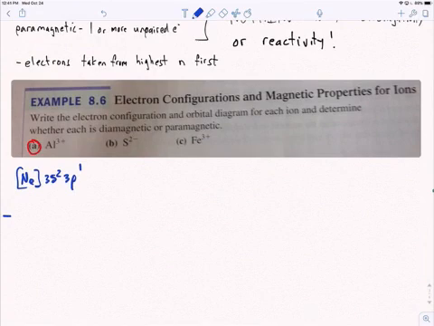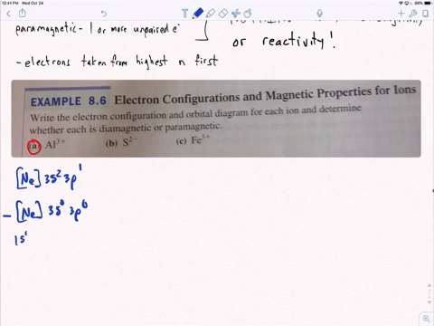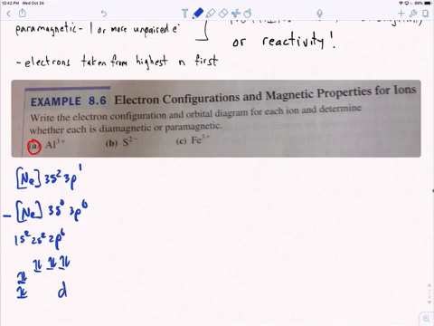And it's plus 3, so it's going to be neon's configuration 3s0, 3p0, and neon's configuration is 1s2, 2s2, 2p6. If you look at the 1s, 2s, 2p, these are all paired up like so. And because of this, this is diamagnetic.